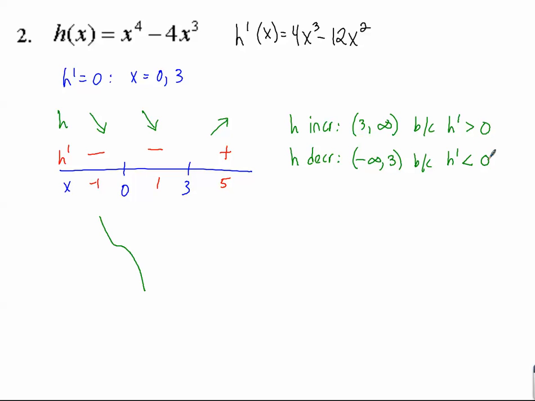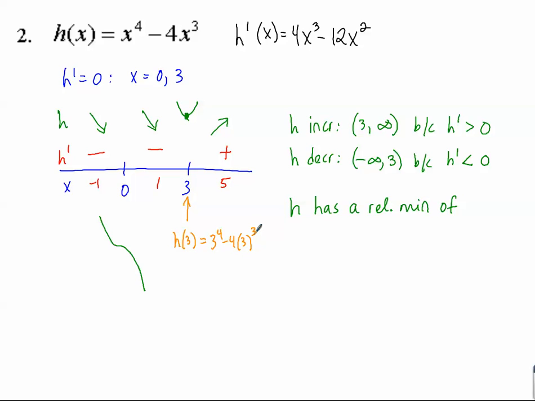Here we have going decreasing to increasing, so we know there's going to be a relative min at that other point. So h has a relative min of, now I didn't calculate it yet, so I want to do that at 3. H of 3 is 3 to the 4th minus 4 times 3 cubed.